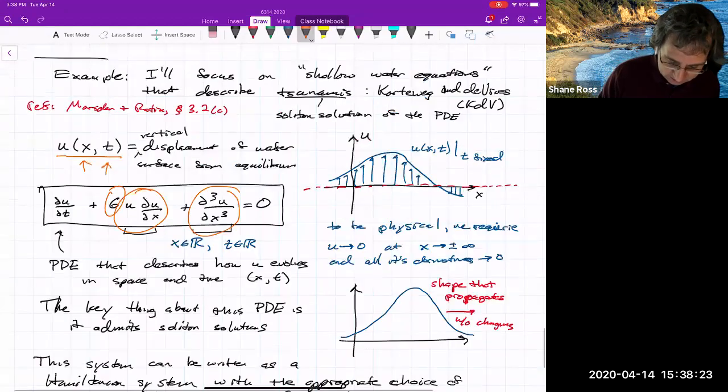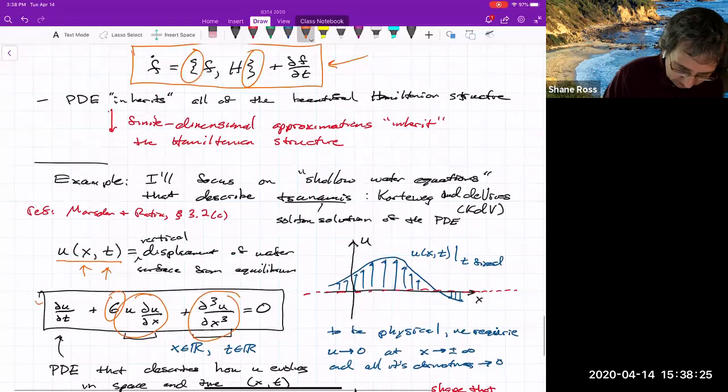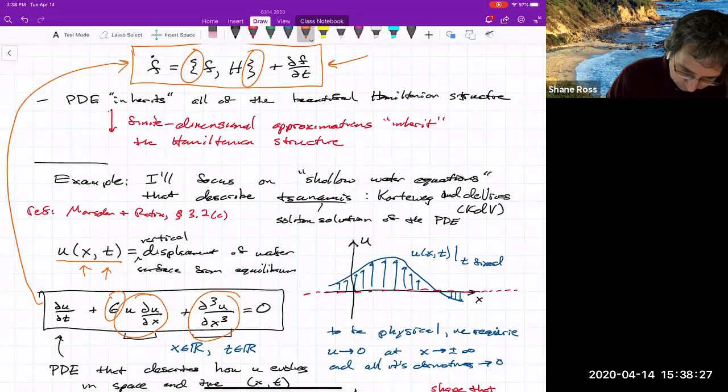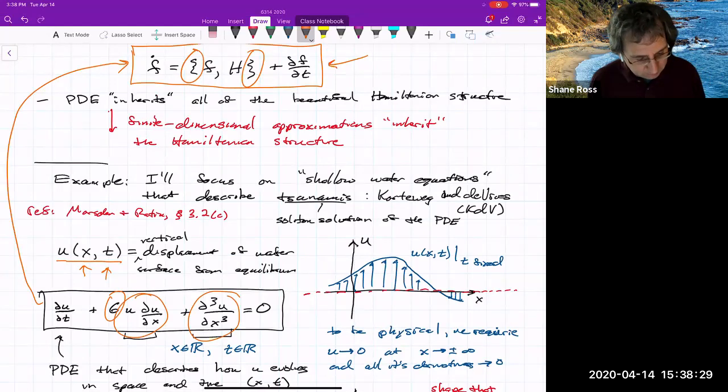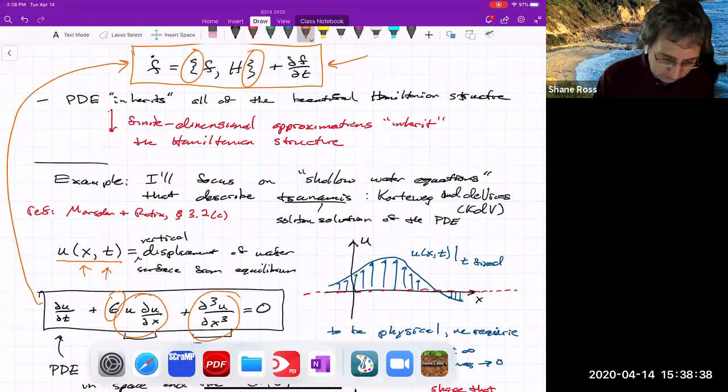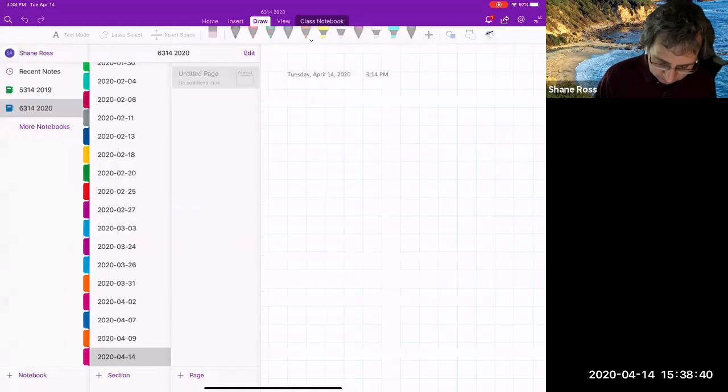So I'm going to say a little bit about that. How does this PDE get cast into this form up here? And then maybe I'll mention quickly some other systems, PDEs from mechanics, that can be written in Hamiltonian form. And then we will go on to another topic.